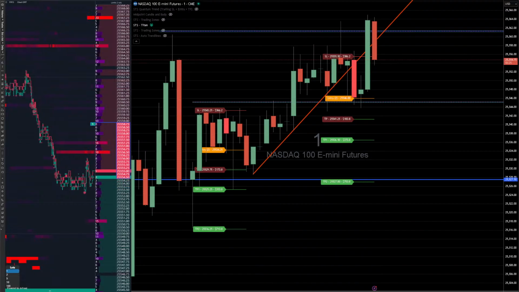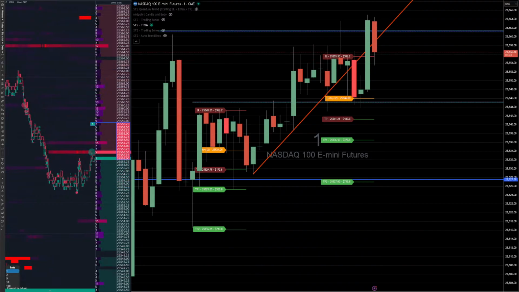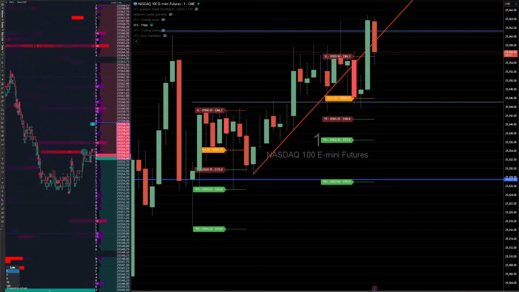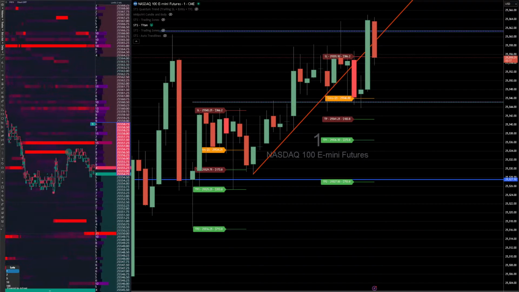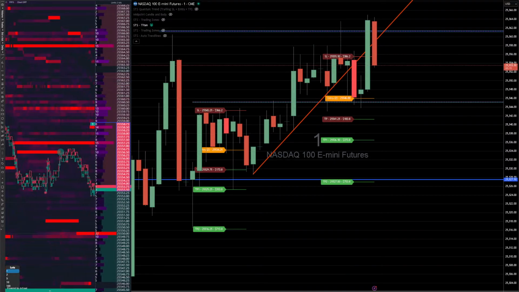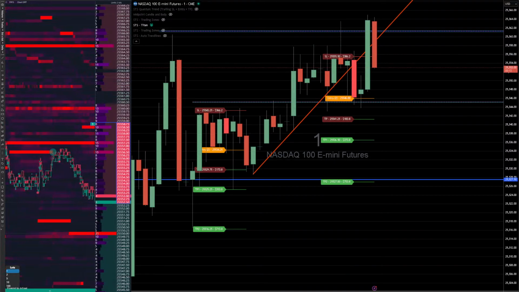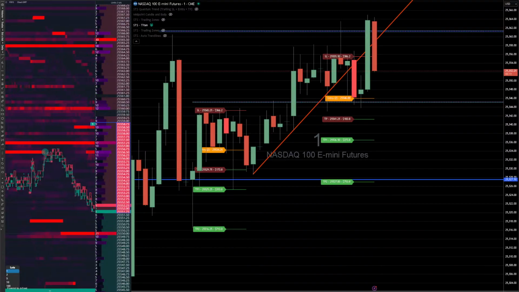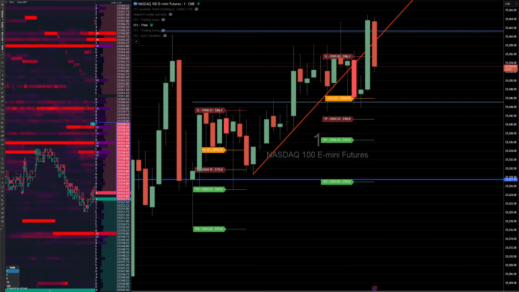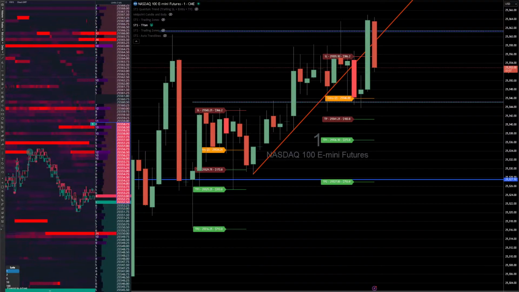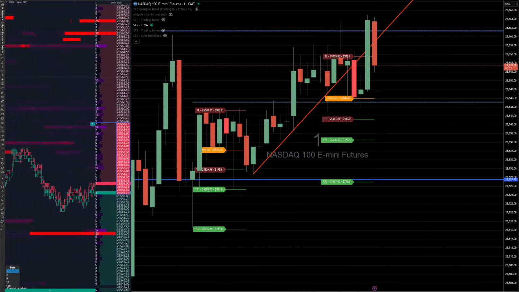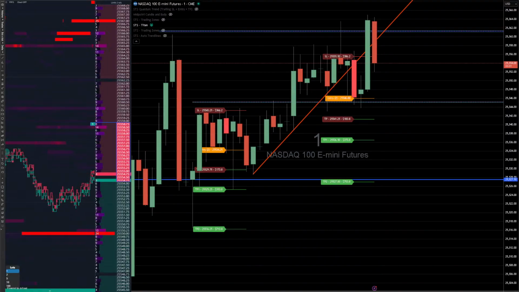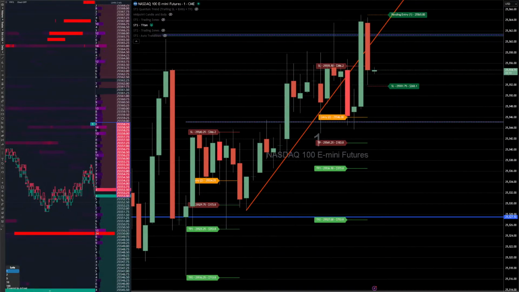The POC is at 550, round level 550. So it's 20 points, $65 risk for an immediate $400 profit. I would take those types of trades. Knowing that you can always win or lose a trade, being able to risk $65 for 400 or whatever, that's a good trade to me.